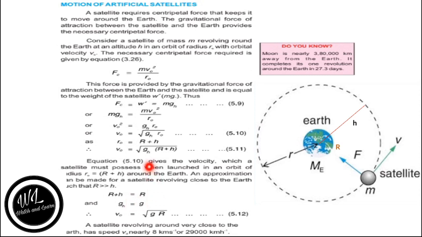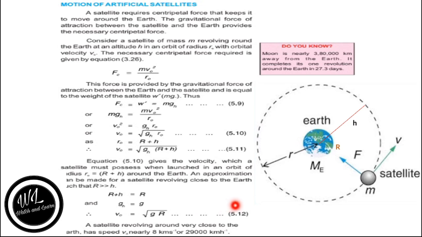So we get the final relation: if a satellite is revolving very close to the earth, the orbital velocity is v naught equals the square root of g r, where g is the gravitational acceleration and r is the radius of the earth.